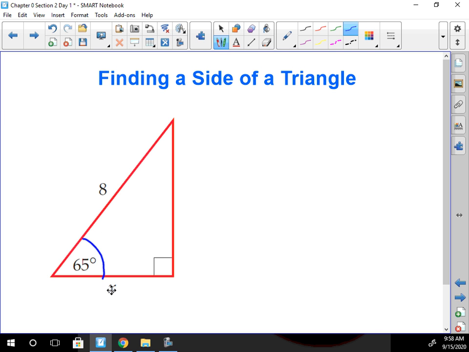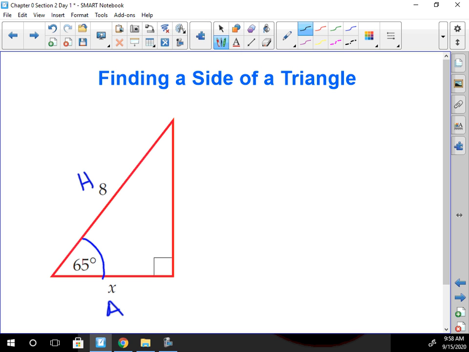In other words, if this is my angle, is this side adjacent or opposite of the angle? It would be adjacent. What would this side be? The hypotenuse. So I know that I have adjacent and hypotenuse, and now I need to think of which trig ratio involves those two. It's got to be the cosine.